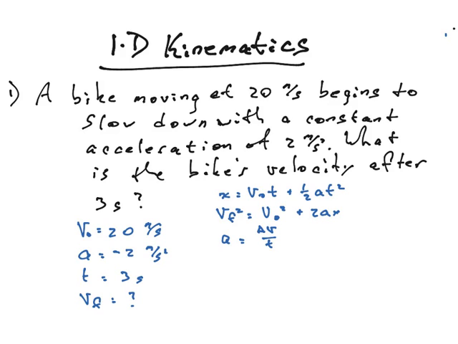Remember, we have the power of algebra, which allows us to move variables around and manipulate these equations. So, for instance, the first equation, which says x equals blah, blah, blah, doesn't mean that equation is for x. You can use the equation to solve for x, but you could also use it to solve for v naught, or a, or t.